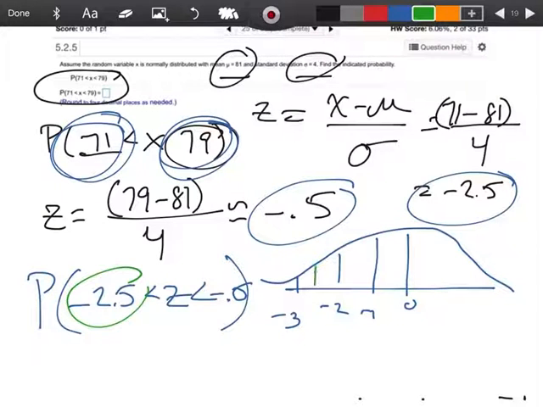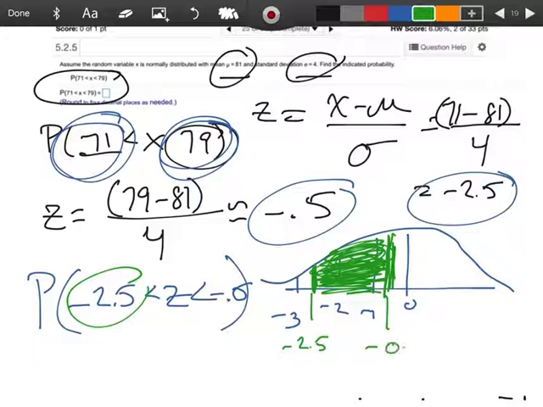So -2.5 is going to be right here in the middle between -2 and -3. -0.5 will be right here in the middle between 0 and -1. And we are looking for the area in the middle.